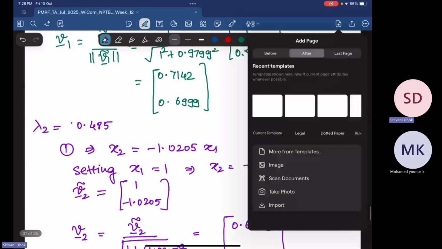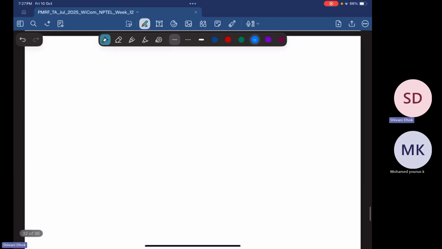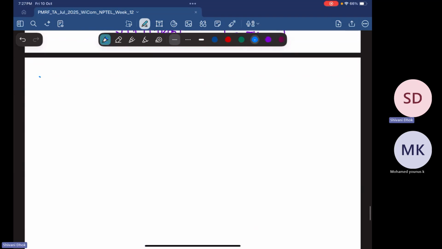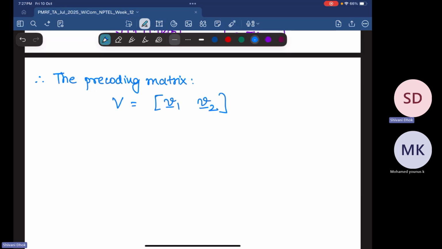So the pre-coding matrix is V, which is equal to V1 V2.